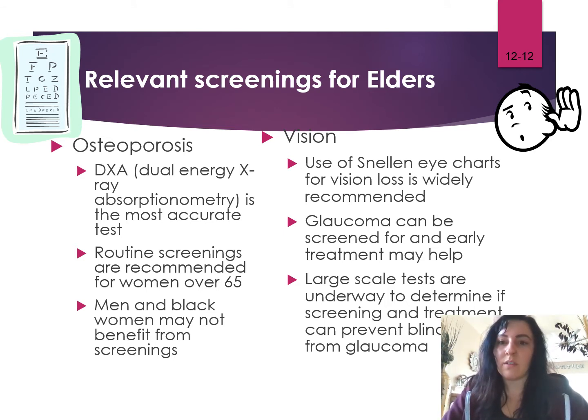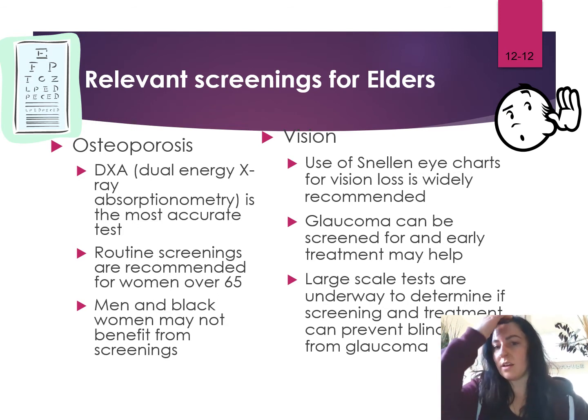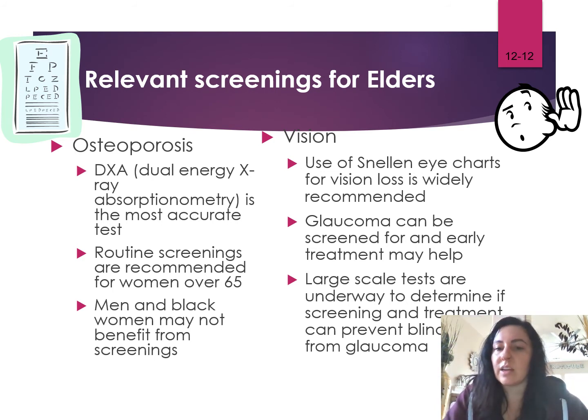The use of Snellen eye charts for vision loss is widely recommended. Glaucoma can be screened for, and early treatment may help. Large-scale tests are underway to determine if screening and treatment can prevent blindness from glaucoma.